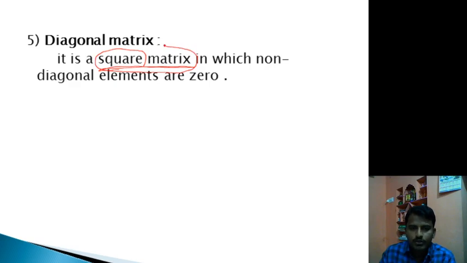If we need to define a diagonal matrix, the matrix must be a square matrix, meaning number of rows and number of columns are equal, in which non-diagonal elements are 0.